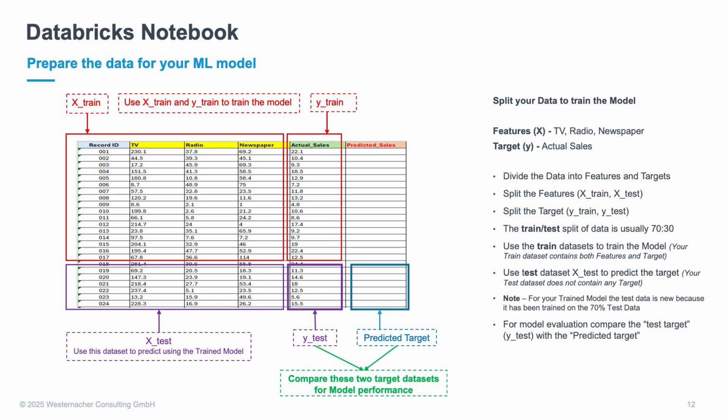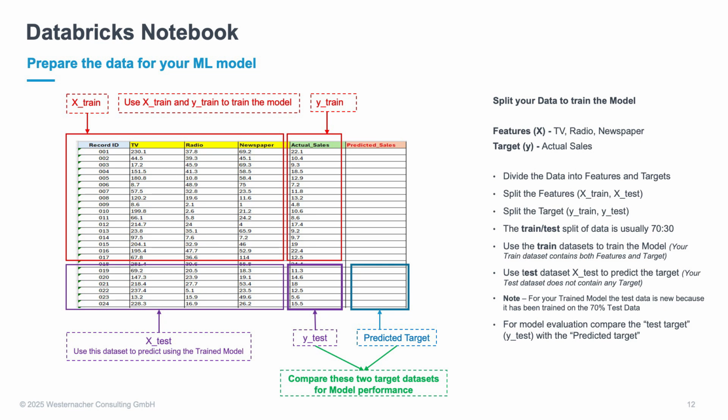Now, once I get my predicted values, I will compare the predicted data with Y_test, which is actual sales I already have. I know what those actual values are. Now I will compare these two and try to find out how well the model is behaving.